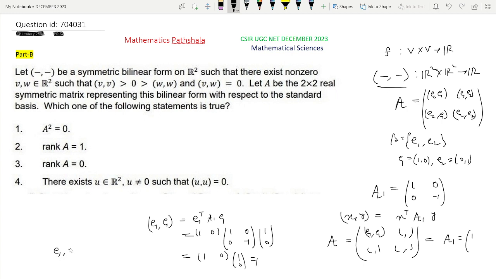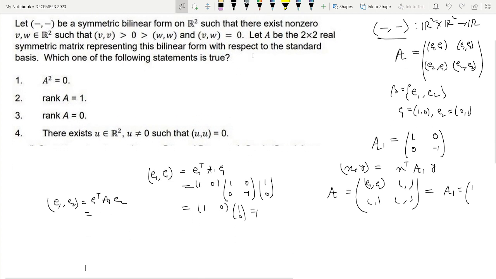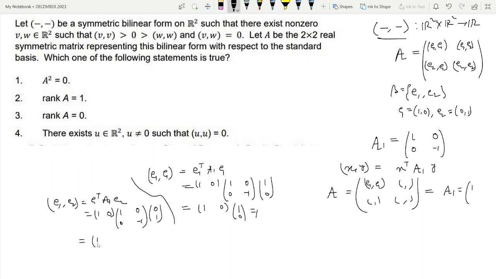Then if we calculate (e1,e2), it will be e1 transpose A1 e2, that is (1 0) times (1 0; 0 -1) times (0,1). It will be 1 into 0 plus 0 into 1, that is 0. So here it will be 0.